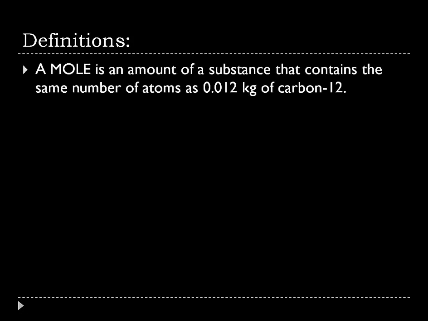A mole is an amount of a substance that contains the same number of atoms or molecules as 0.012 kilograms of carbon-12, or 12 grams of carbon-12. 12 grams is enough that you can clearly see it with the naked eye. And so what this does is it relates that to the number of individual atoms, which is a more abstract idea.